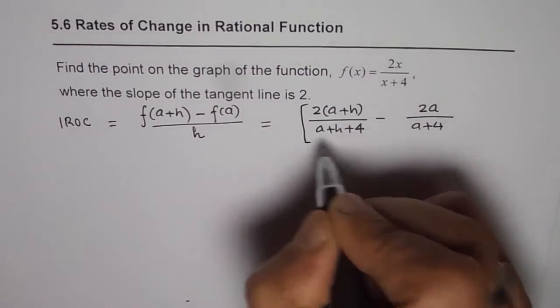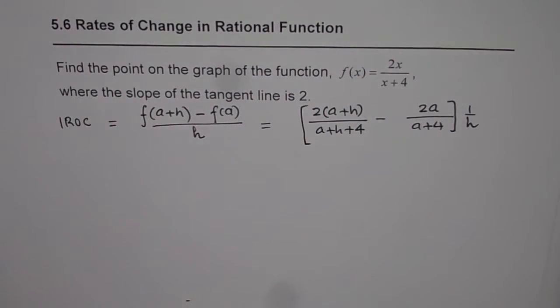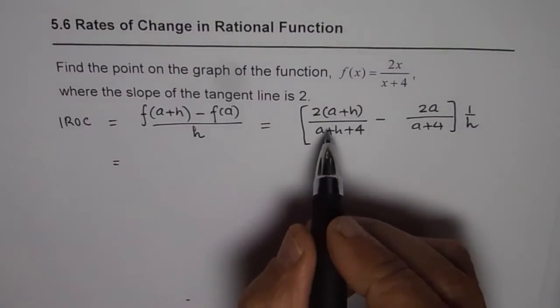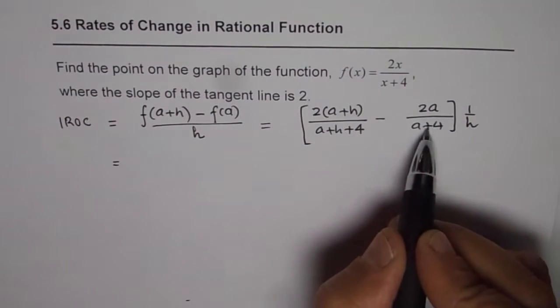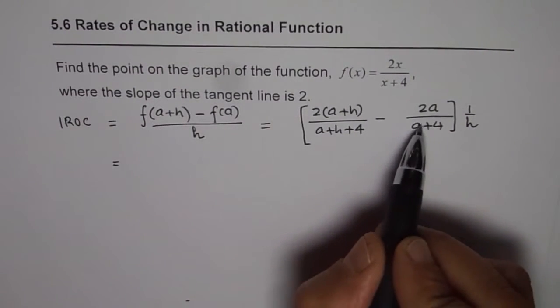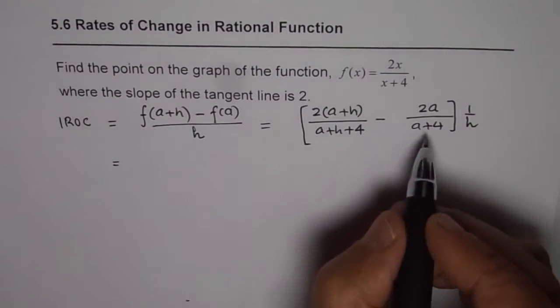So let me write like this, 1 over h, correct? Everything divided by h. So I'll save some space. Now let's expand. So we can take the common denominator, that means in a way we have to cross multiply, right? And then solve. So let's cross multiply.